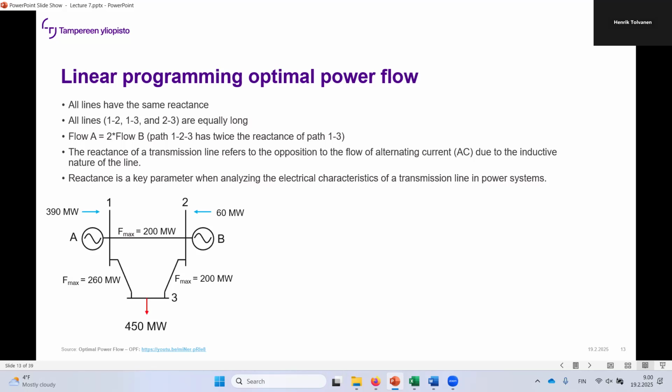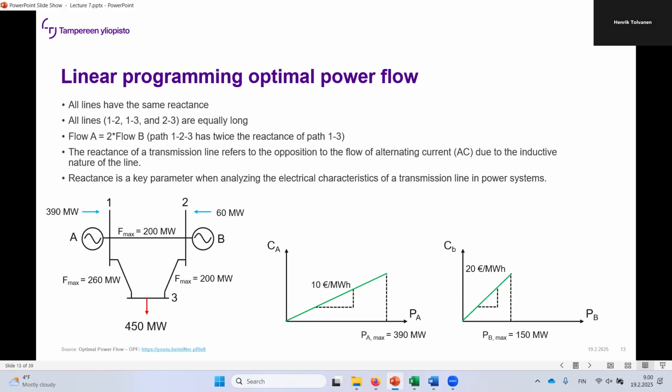And the production capacities of these systems: power plant A, or the generator A, is going to be 390 with a marginal cost of 10 euros per megawatt hour, and this B is going to be 150 megawatts maximum, and there's going to be 20 euros per megawatt hour.